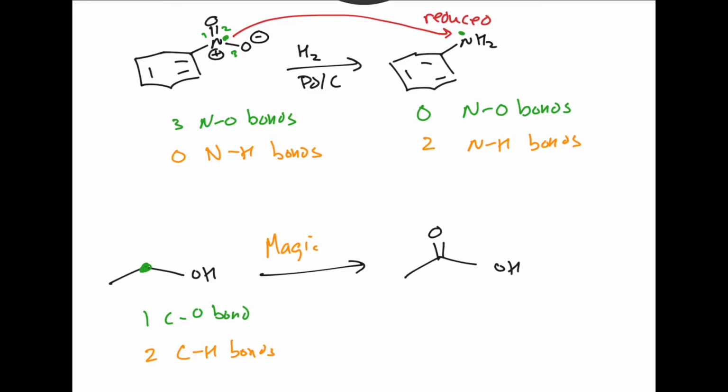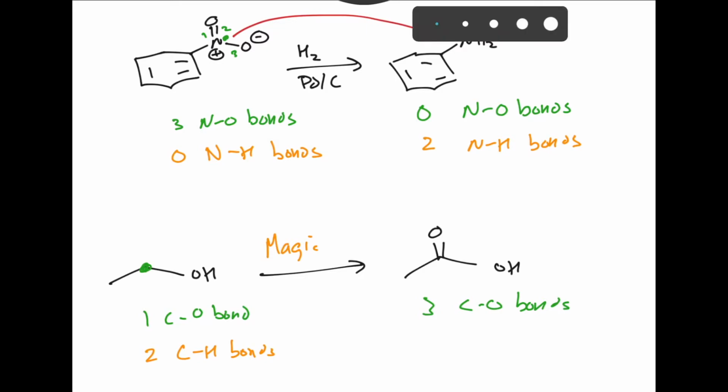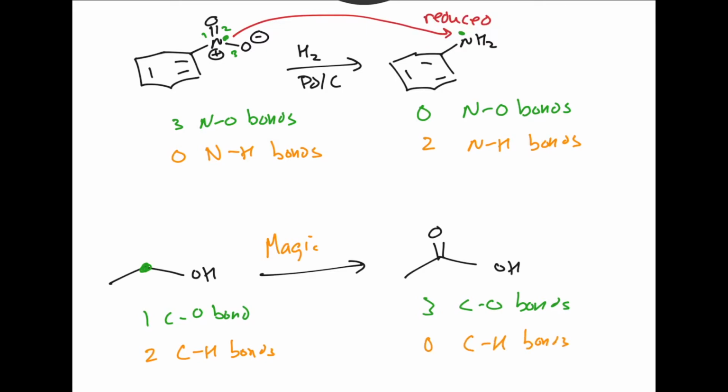Now in the product, how many CO bonds do I have? 3. And I have 0 CH bonds. Right, that carbon no longer has any hydrogens on it. Right, let me make it green. So this carbon got oxidized, right? It got oxygens.